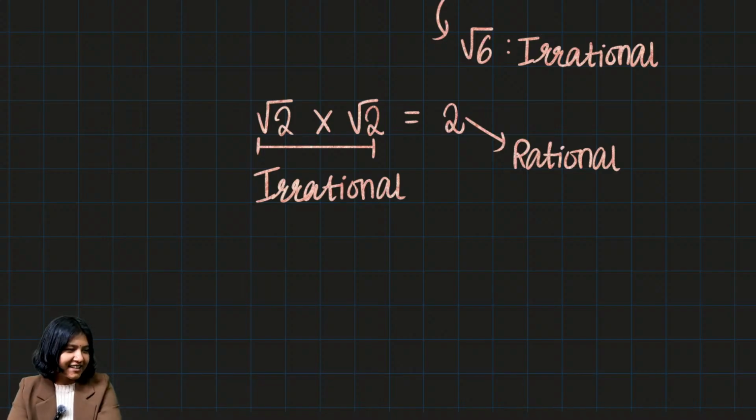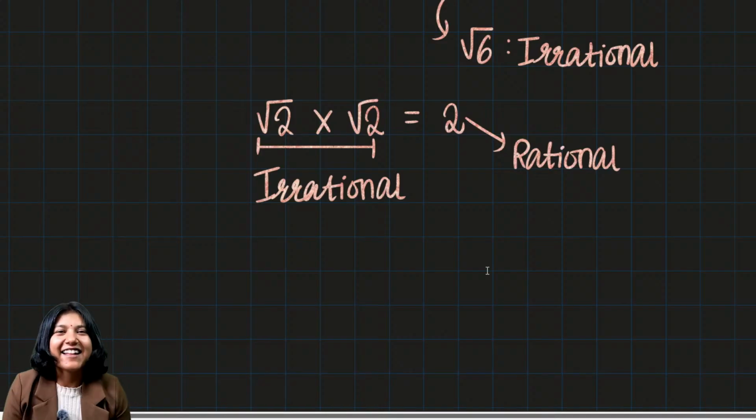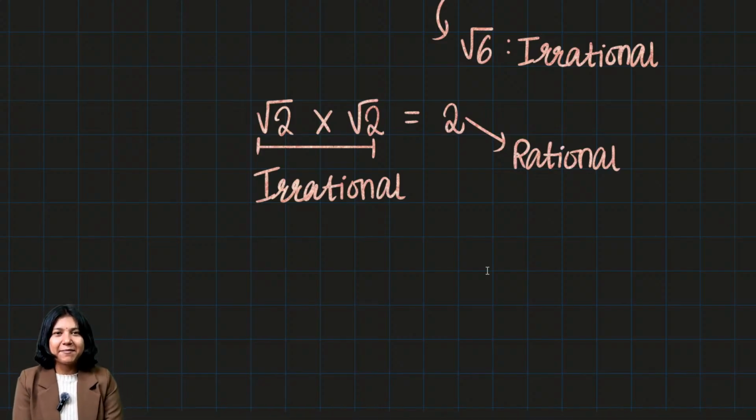I can see a lot of things coming up here, and I hope I'm able to clarify your concepts based on rationals and irrationals. I hope you will never have a problem identifying rationals and irrationals. And similar to this, there are many properties of irrational numbers that you have to understand and explore.